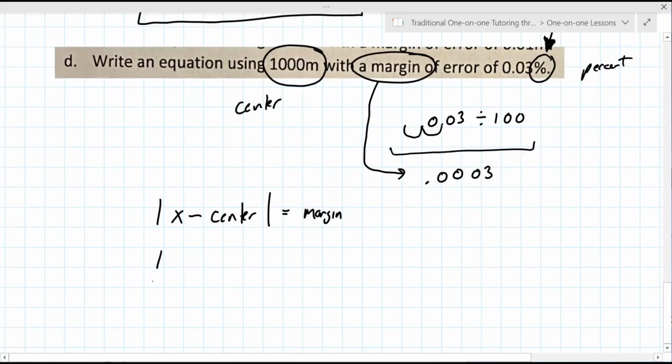So the center is 1000. And the margin is this other number over here off to the right, the 0.0003. Okay.